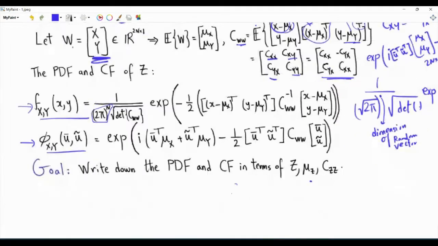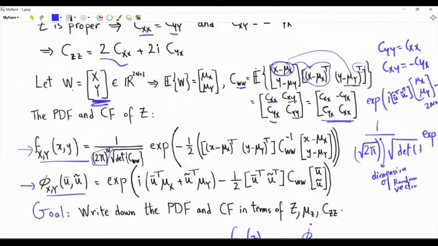So I want to write down something like f of z, or a characteristic function for vector z. The meaning of the joint PDF or joint characteristic function of a complex valued random vector is indeed the joint PDF or joint CF of the components, the real and imaginary parts of the components of vector z.